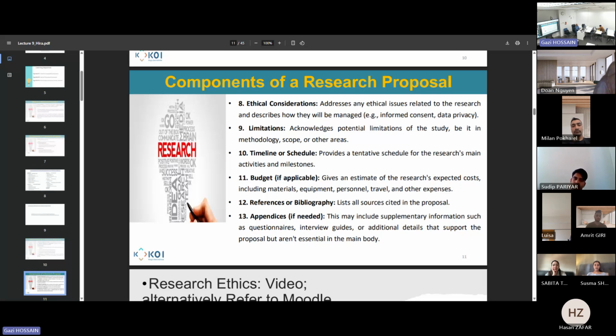Timeline or schedule. Timeline means when we'll be doing what part of the research. For example, the research aim, research objective, research question: when we'll be starting and when we'll be finishing. Think about it as 12 weeks.